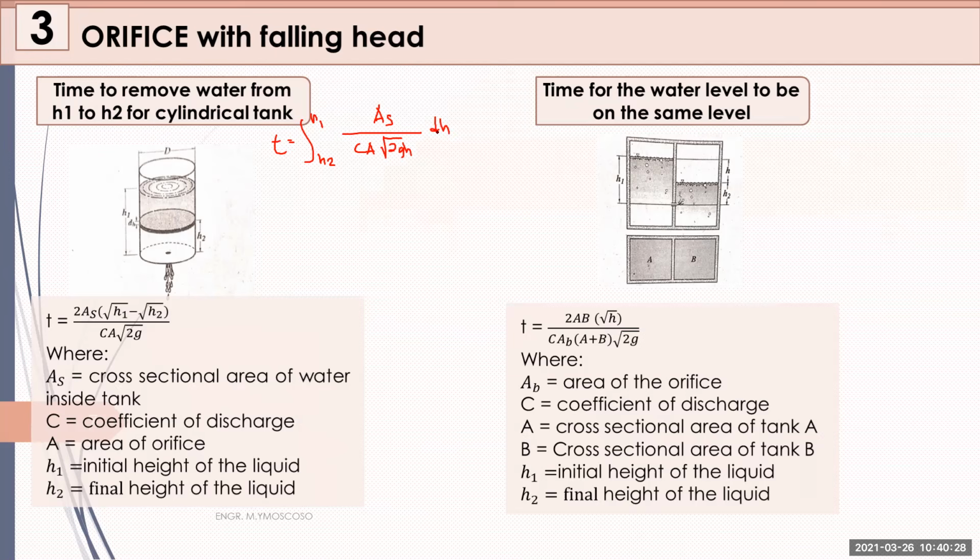So because the height of the fluid inside the tank is nagbabago due to time. Tama? So, try natin i-manipulate itong formula. Bakit tayo nagkaroon ng ganyan? So, you will have T is equal to higher limit, lower limit, AS. Di ba? The square root of H siya. So, pag tinaas natin yan siya, that is considered as negative 1/2. Tama? So, this is considered as CA square root of 2G dH.